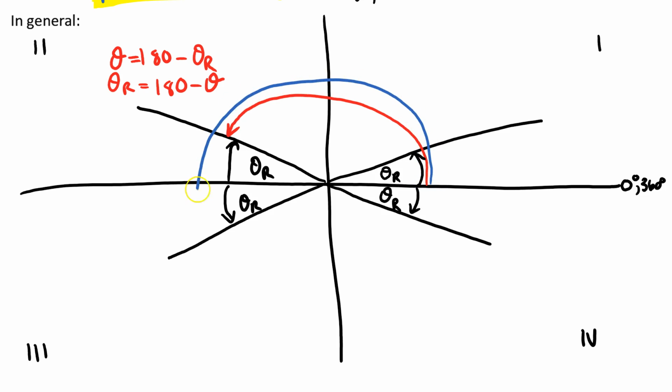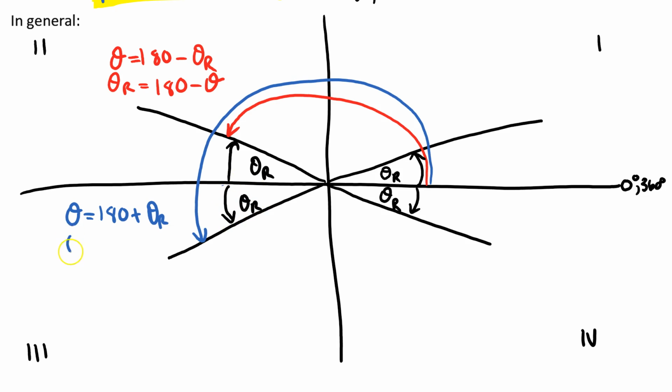In the third quadrant, it's just a little bit more than 180. If you want to find out what your angle is, somewhere between 180 and 270, it's going to be 180 plus the reference angle, right? Because it's 180, this line, plus the difference from the x-axis to the terminal arm, which is your reference angle.